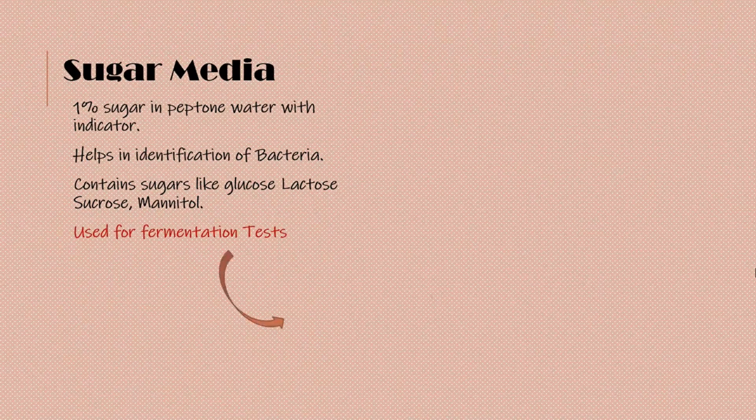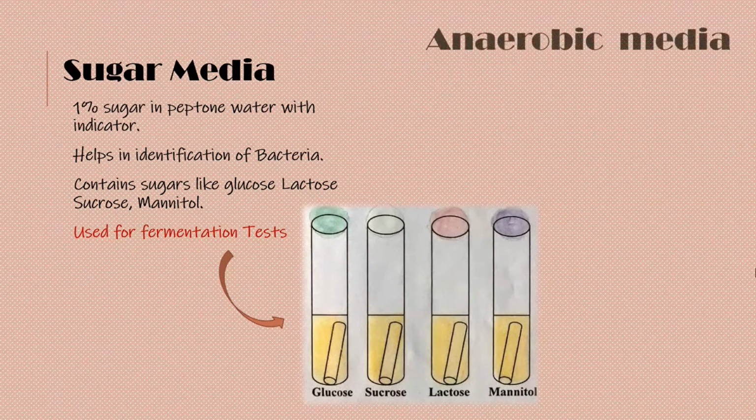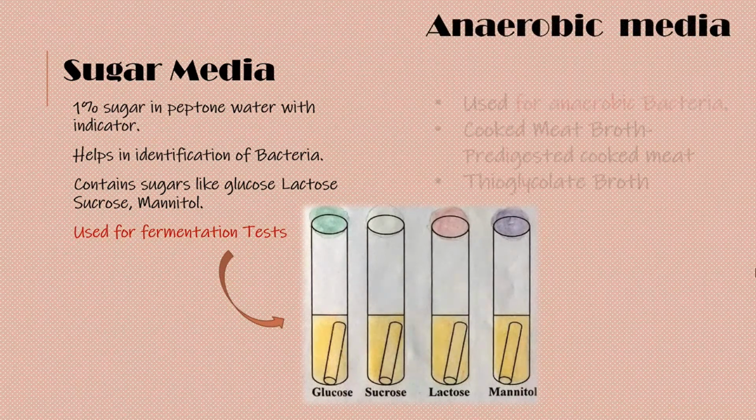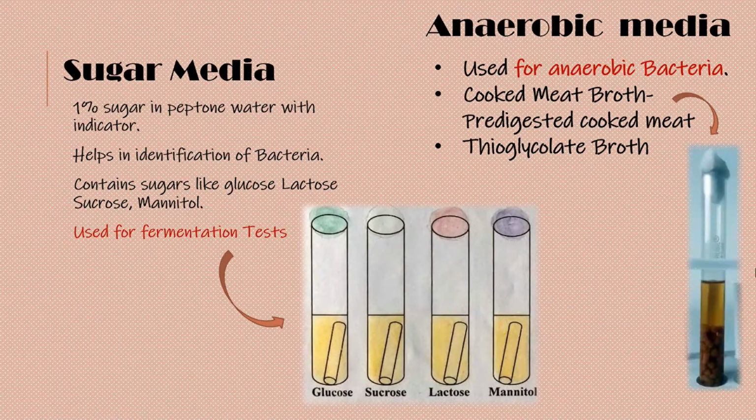A small tube called the Durham's tube is kept inverted in the larger sugar tube to detect gas production. The anaerobic media. It is used for isolation of anaerobic bacteria. The examples include the thioglycolate broth and the cooked meat broth, where pre-digested cooked meat is added to the nutrient broth.